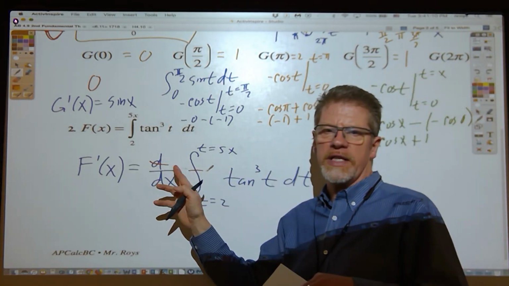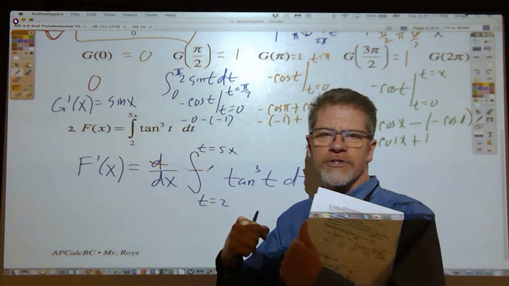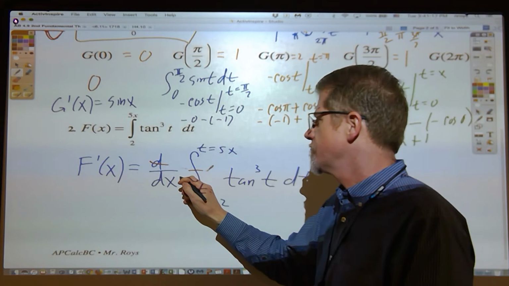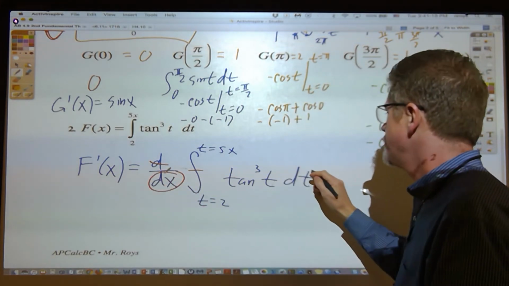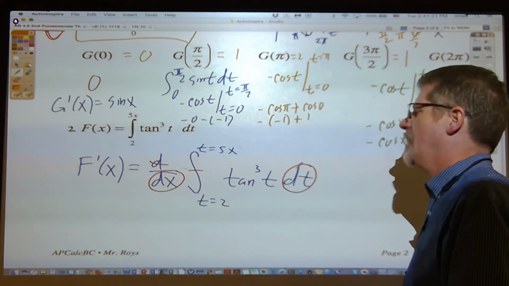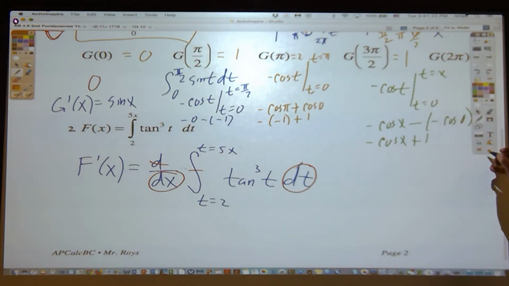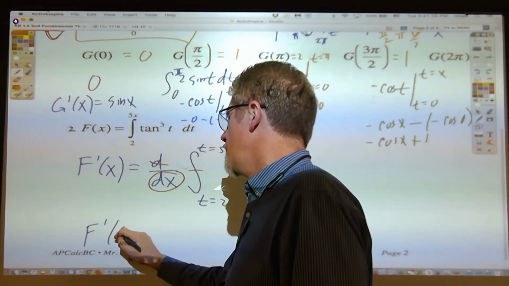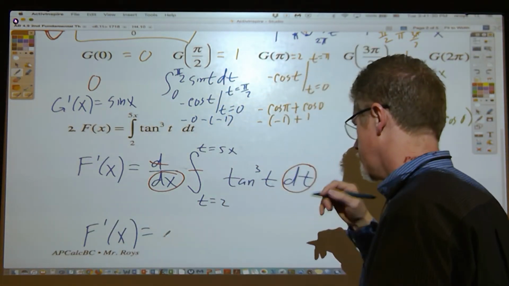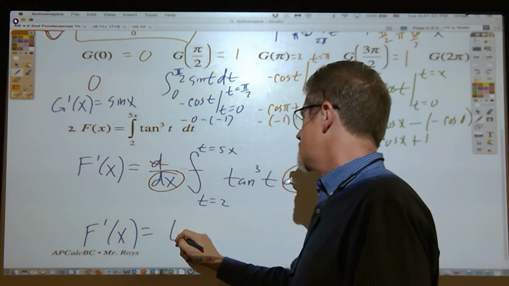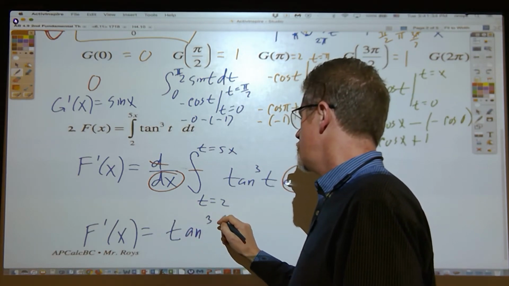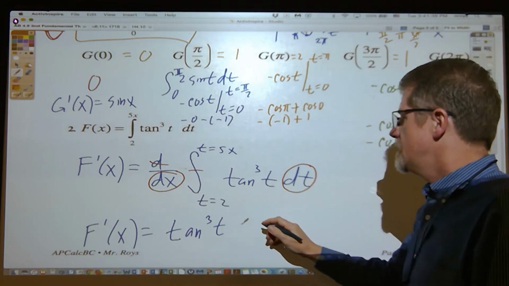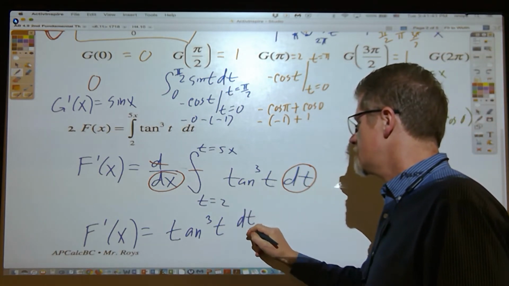The derivative and the antiderivative clash. They wipe each other out, and when the dust settles, the dx survives and the dt survives. So after the epic battle, we have capital F prime of x equals tangent cubed of t has survived the battle. dt dx is still with us.